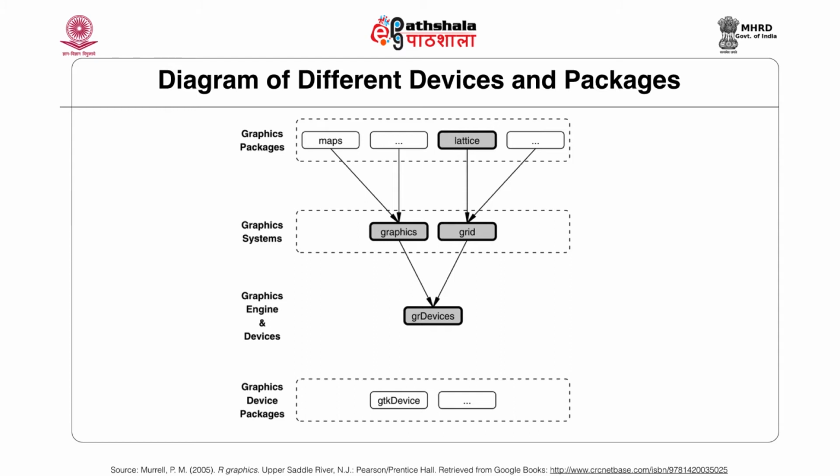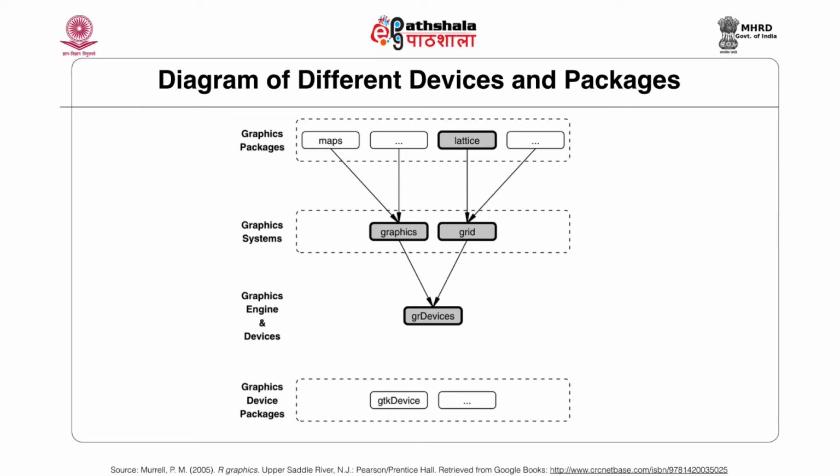A very common graphics device is the JPEG device, the Joint Photographic Experts Group compression kind of device, which gives you highly compressed figures that are very useful for publishing on web pages or in journal articles. So this is why you need certain devices. And on top of that, you have things such as graphics device packages. However, in this lecture we cannot cover everything.